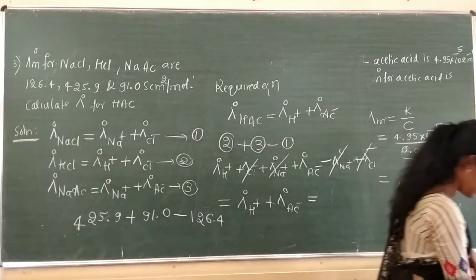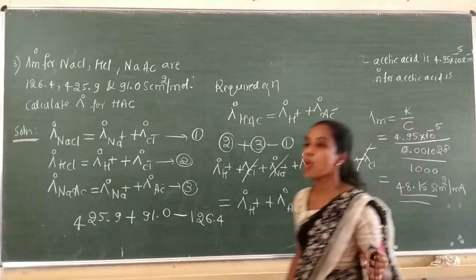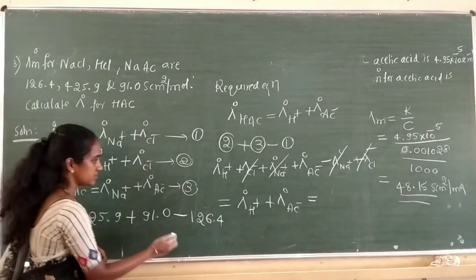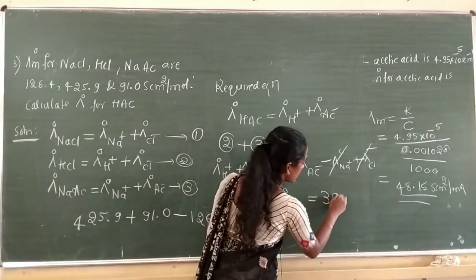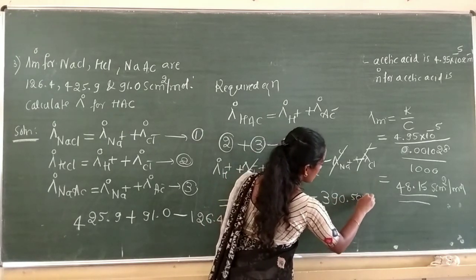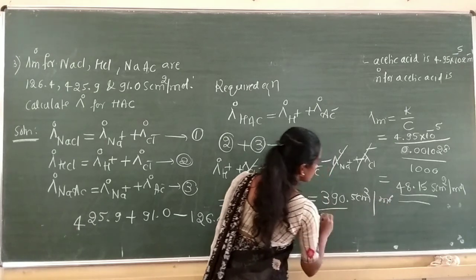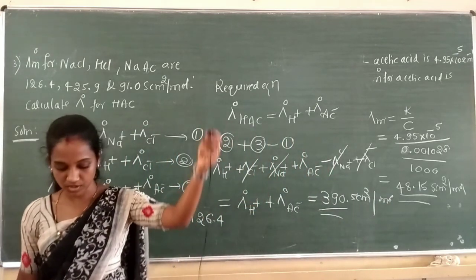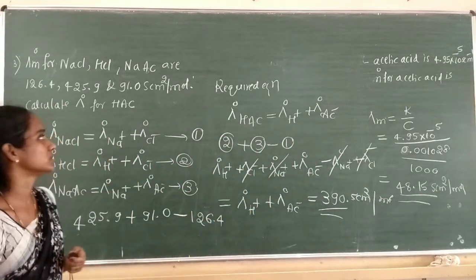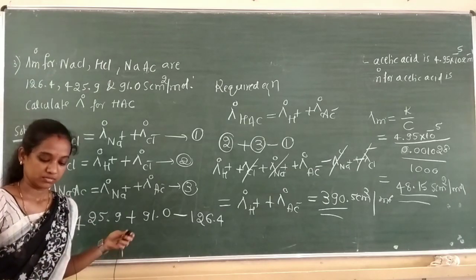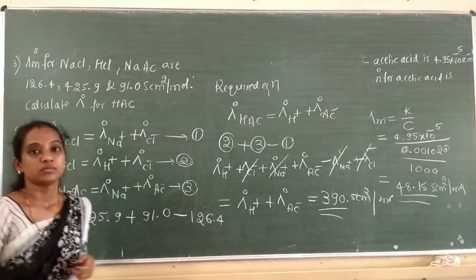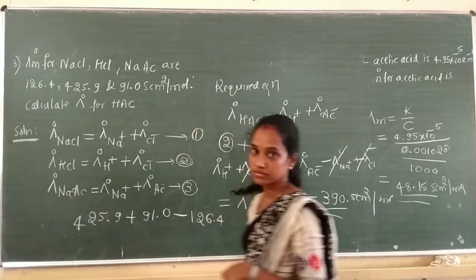So the answer here is 390.5 Siemens centimeter square per mole. So this is the answer. Okay, so this is about the third problem. Thank you.